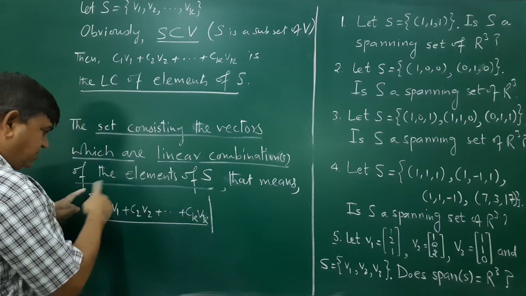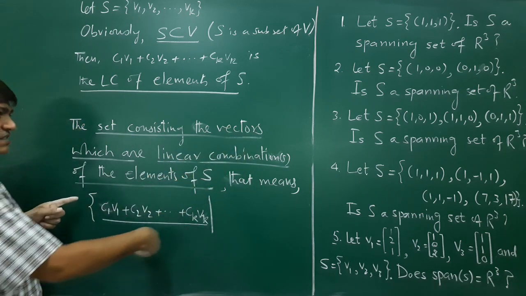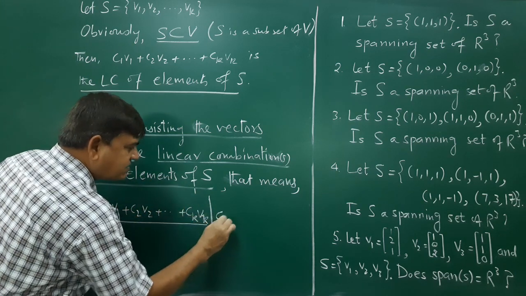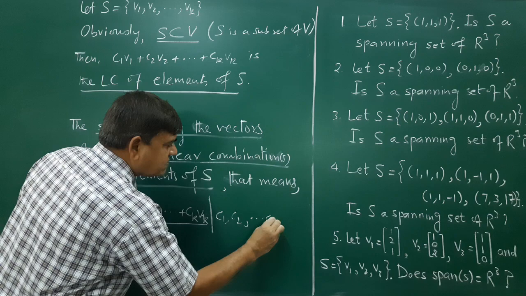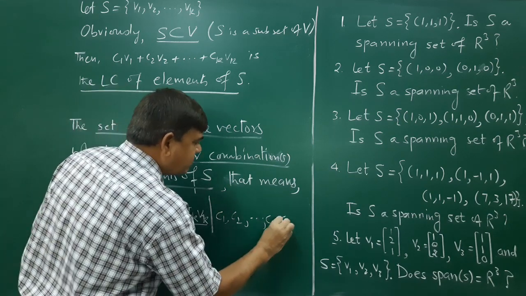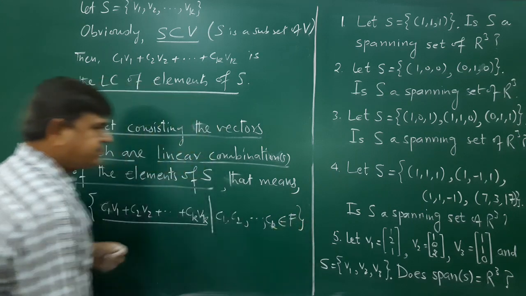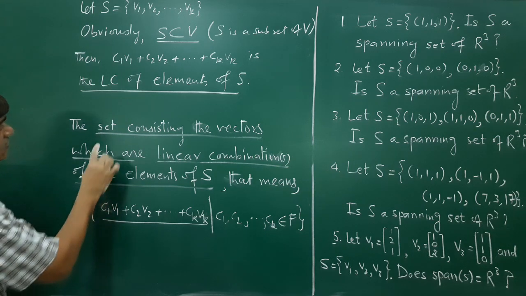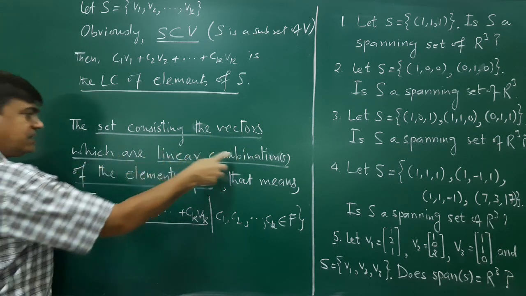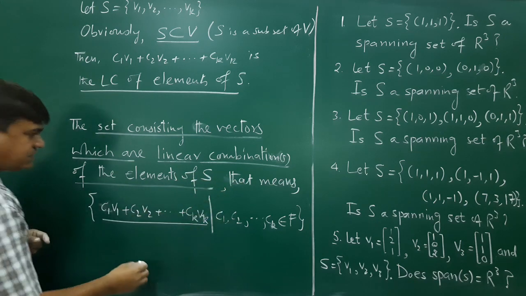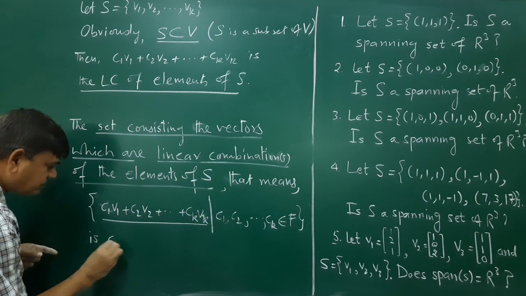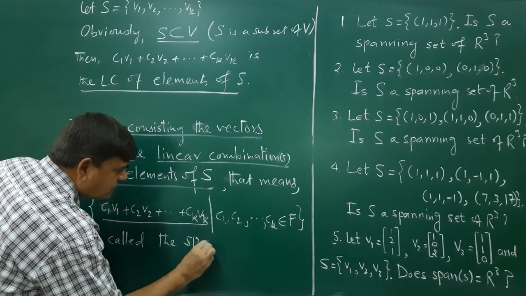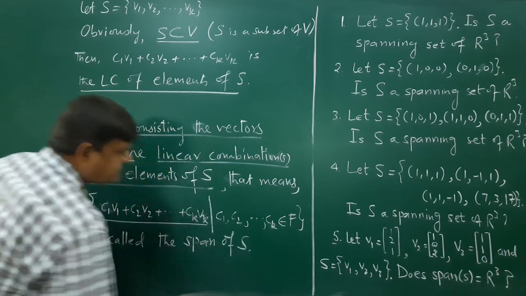Here C1, C2 up to Ck belong to F. So this set is called the span of S.